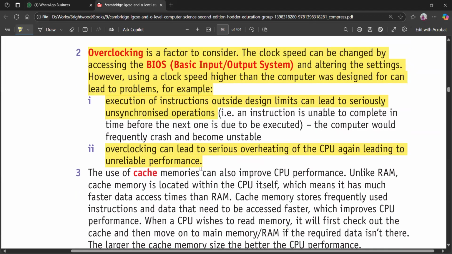Because of overheating, there can be unreliable performance of the CPU. You can see your computer become hot. Okay, write it down.